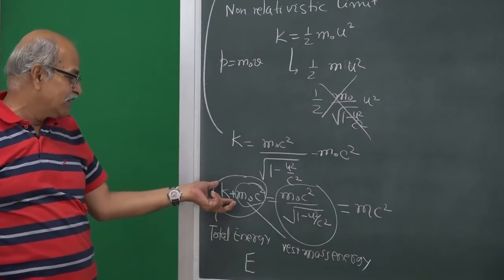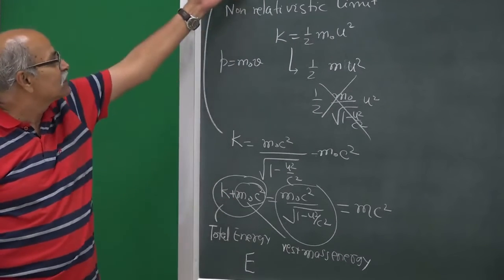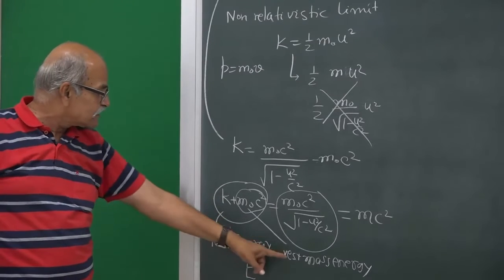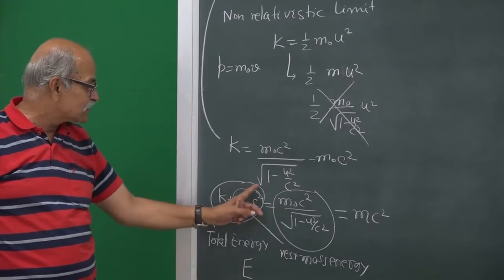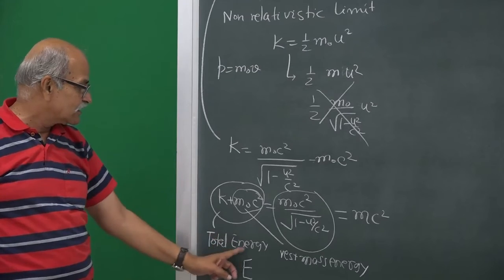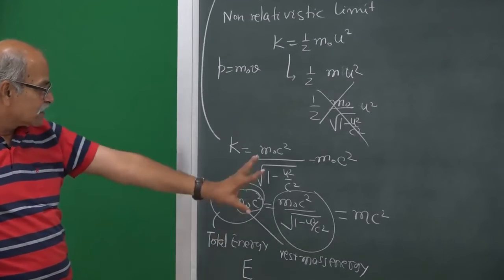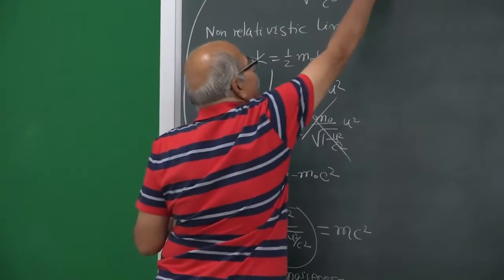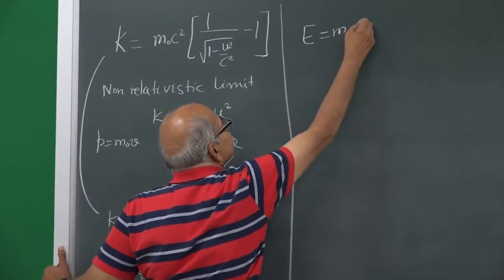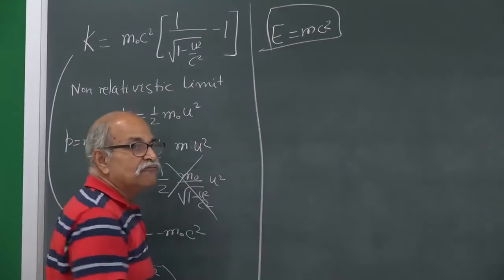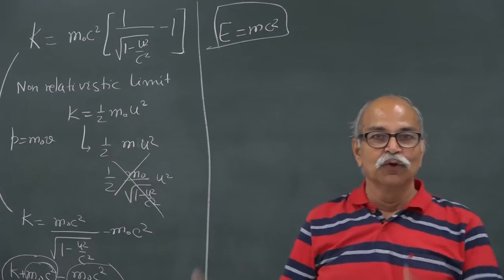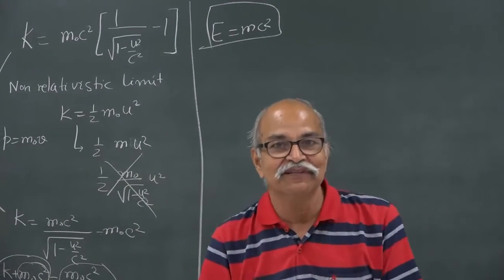So, we are not defining it as such, we have derived this is the expression, and then kinetic energy plus rest mass energy, K plus m naught c square, this we are defining as total energy E, and then this expression is written as E equal to mc square. The very famous equation E equal to mc square, the logo of special theory of relativity.